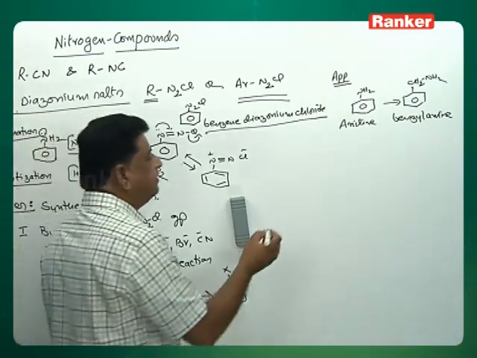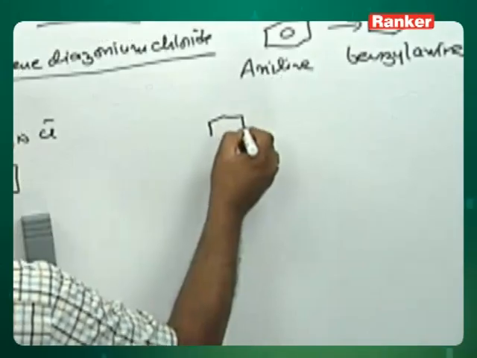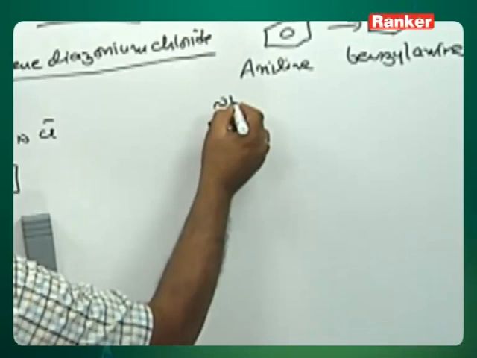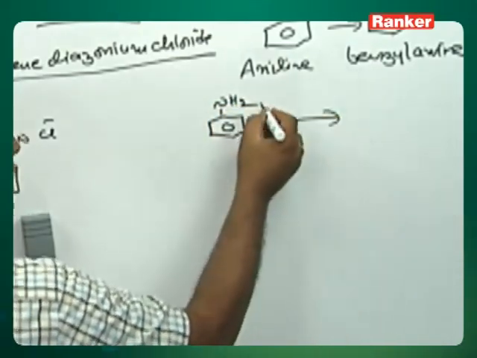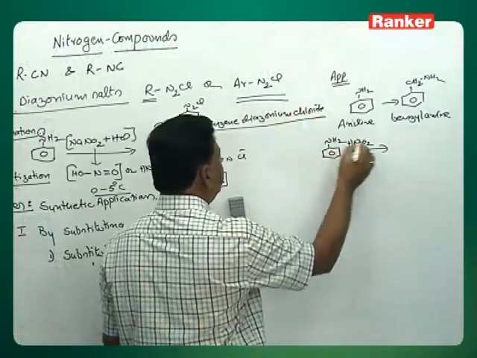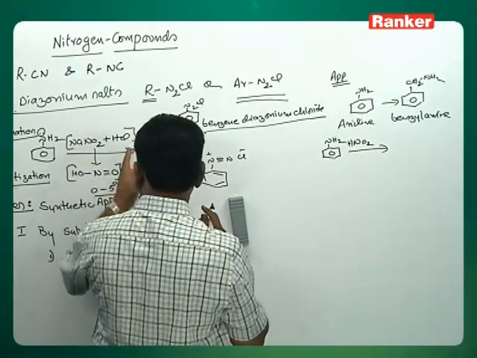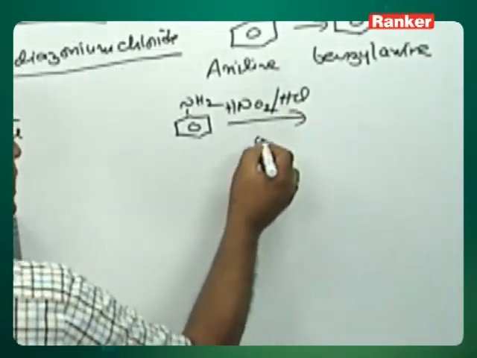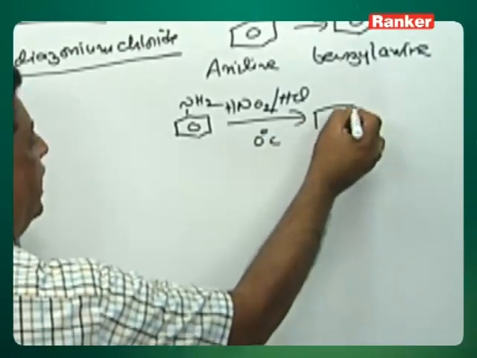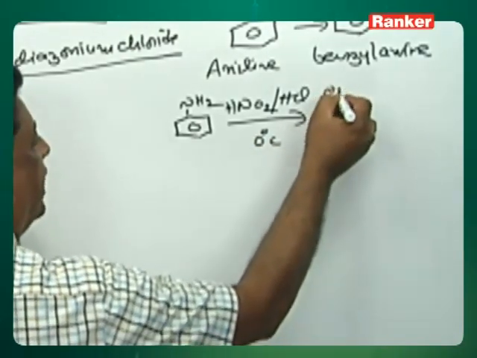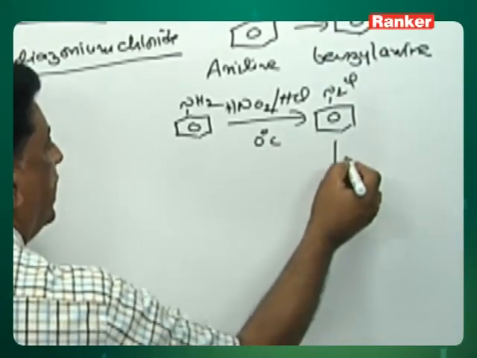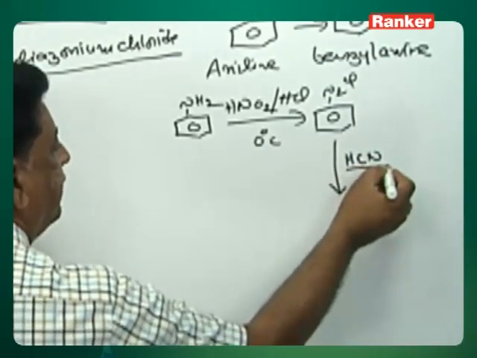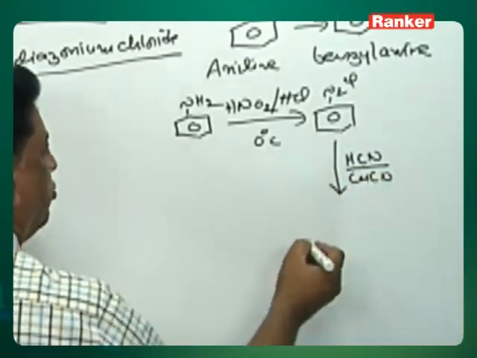First step, you convert aniline into the diazonium salt by adding HNO2. That is, by taking sodium nitrite and HCl, you will get HNO2. In presence of HCl, let us say at 0 degrees centigrade, you will get the diazonium salt N2Cl. Then you add HCN in presence of CuCN. So, what will you get?